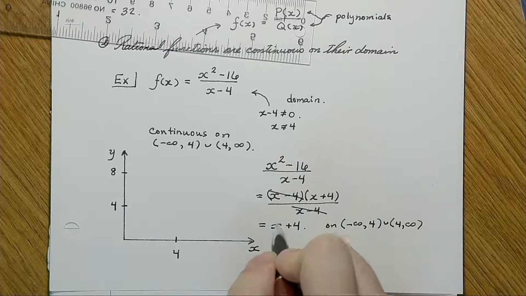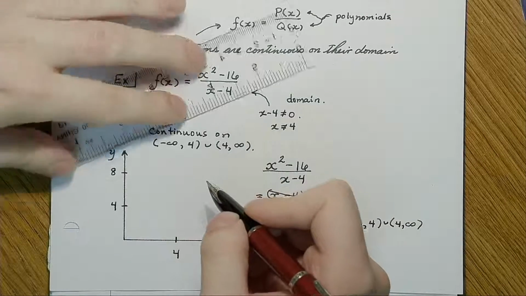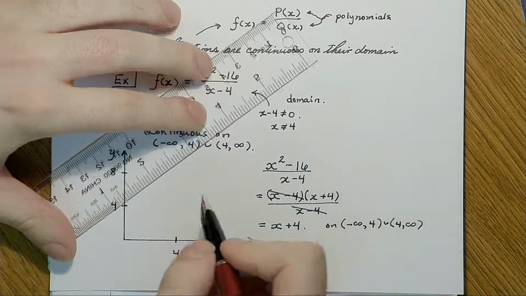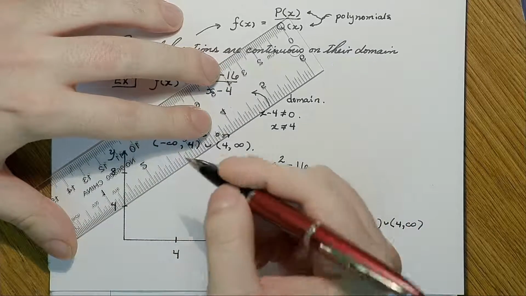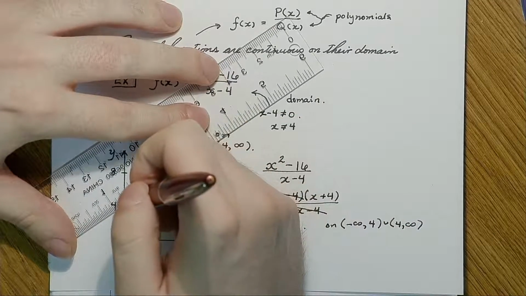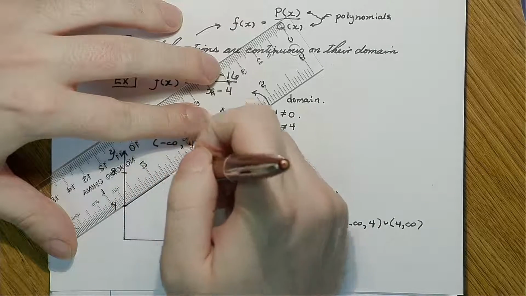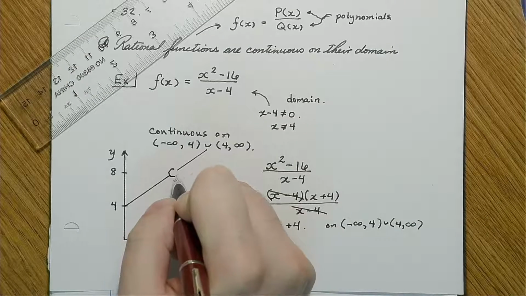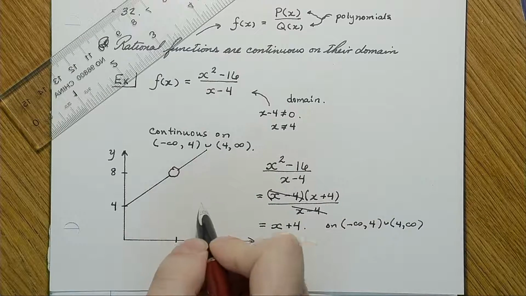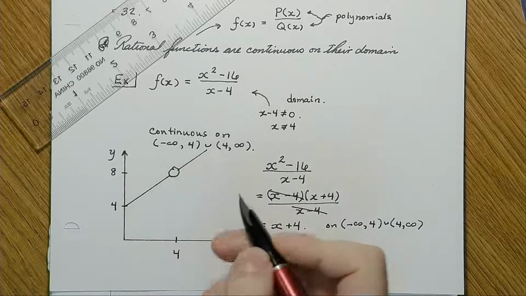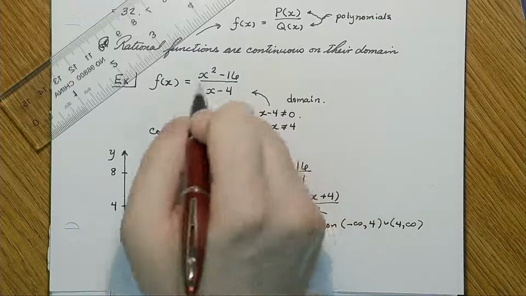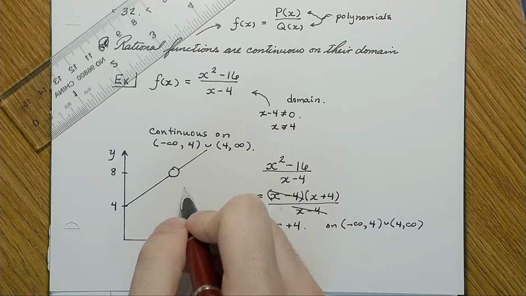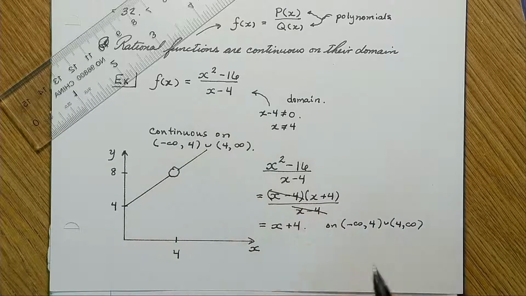It's going to start at 4, that's my y-intercept, and it's going to go up with the same slope of 1. And I skip that point right here. So I've drawn really x plus 4, but because the domain of the original function was not defined at 4, it has a hole.